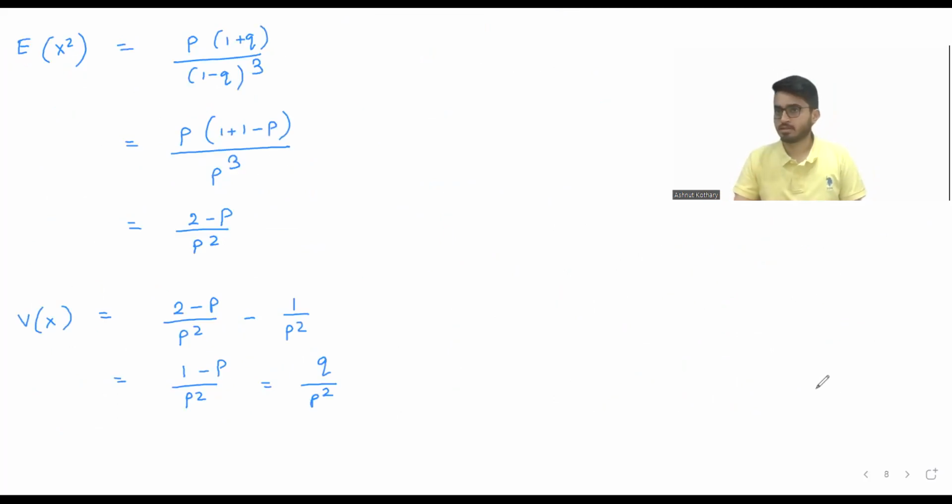We can't comment as such, because the mean is 1 by P and this is Q by P squared, you won't be able to say what the case is. It depends on the values of Q and P. So variance is nothing but mean into Q by P. If Q is greater than P, then my variance will be higher. And if Q is less than P, in that case my mean will be higher.